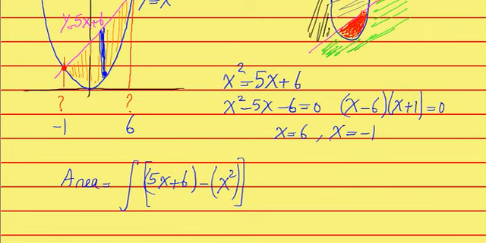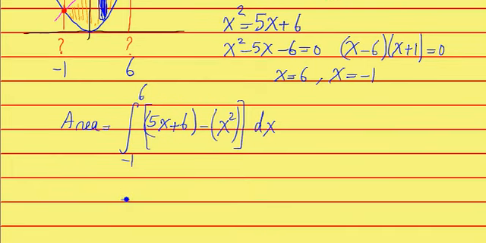If you cut this up into one rectangle, that's how tall that is. The width of it is going to be dx. Starting point is minus 1, ending point is 6, and now we are done with 80% of the problem. Now we progress from here. I have the integral from minus 1 to 6 of 5x plus 6 minus x squared. There wasn't much simplification on this step.